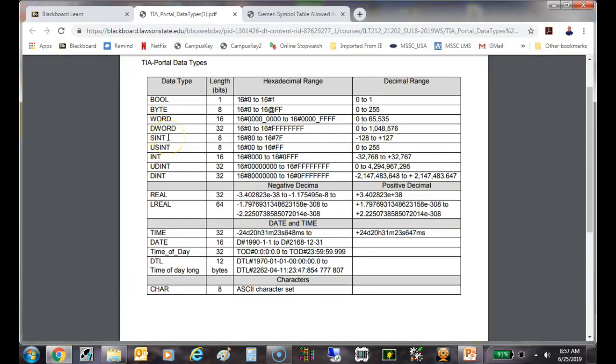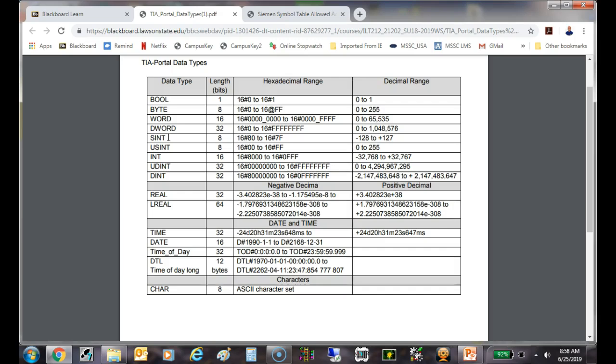So it says a signed integer. I could have numbers between these. These are 8 bits. Then we have an unsigned integer, which is 16 bits. Then we have an integer, which is 16 bits. And then we have an unsigned double integer, which is 32 bits.